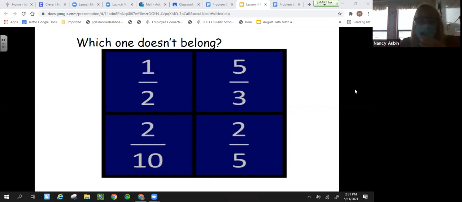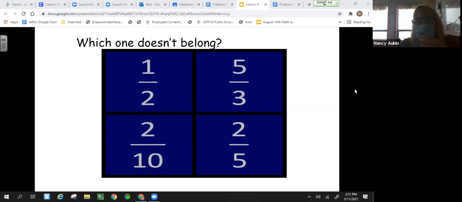Okay, Sunny, what do you think? I think it's that one because the numerator is bigger than the denominator. Excellent. Sunny said 5/3 doesn't belong because the numerator is greater than the denominator.